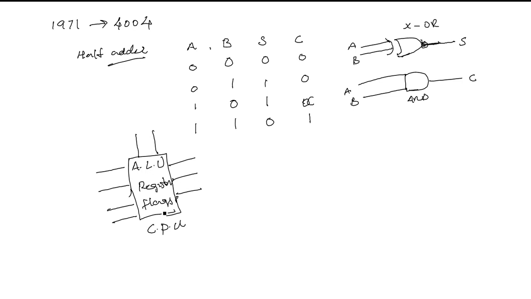These are all the peripherals of the CPU. These IO ports we can use to input the A and B, and the output ports to show what the output will be.